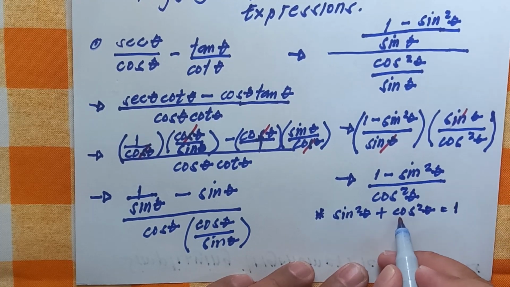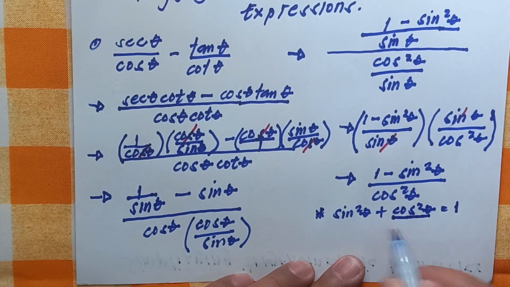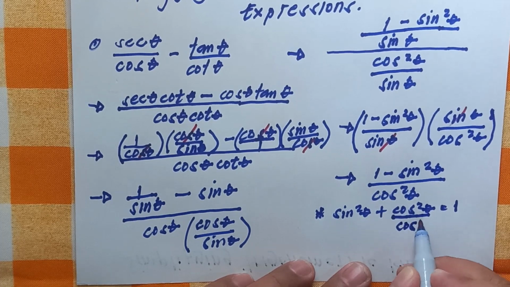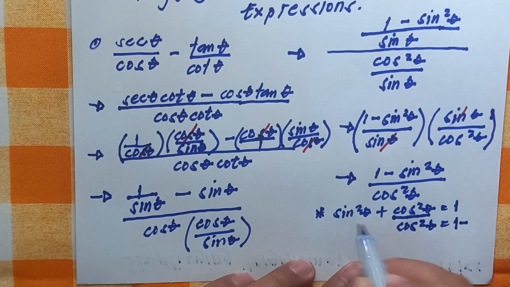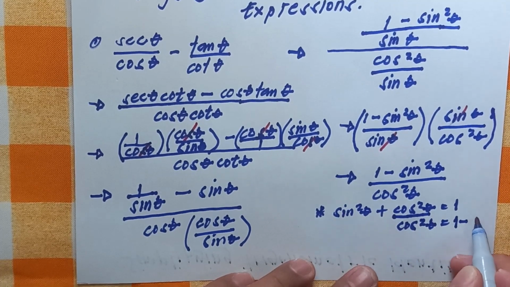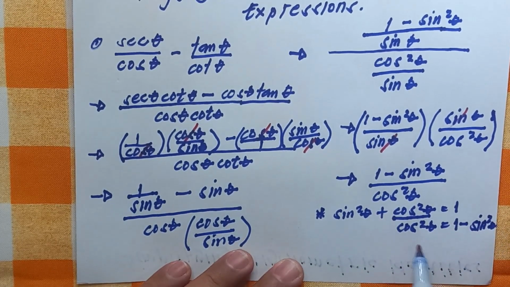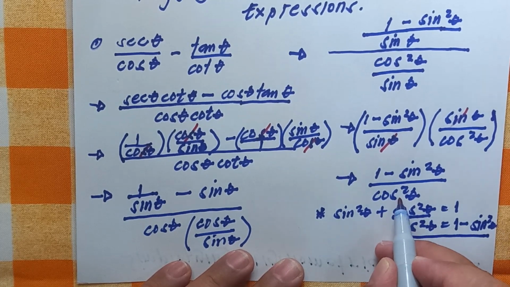So if we are going to get the value of this cosine in here from this Pythagorean identity, cosine squared theta is actually 1 minus, transpose that one, sine squared theta. So by substitution, we will use this one to substitute our denominator.